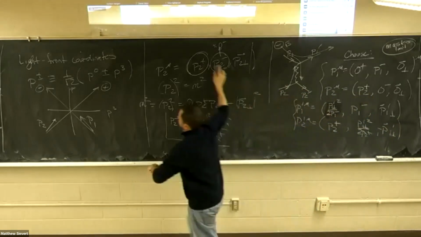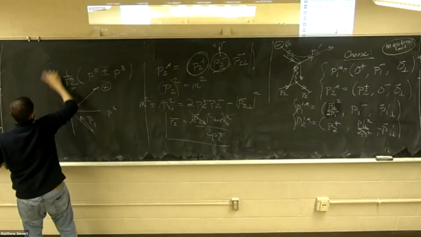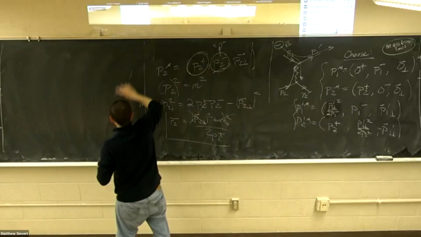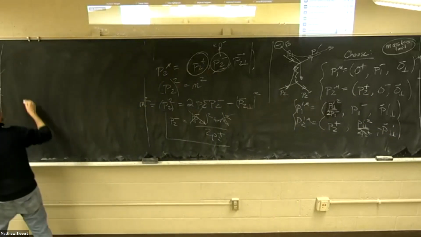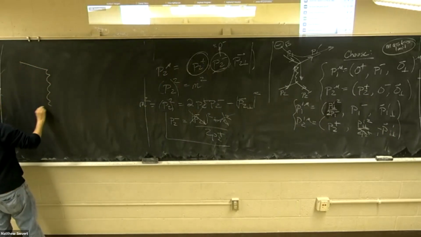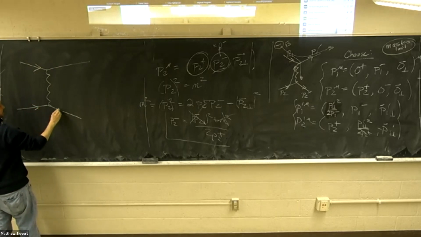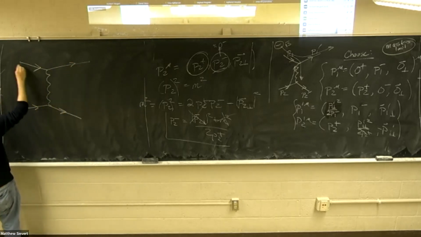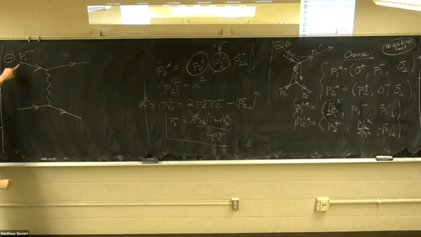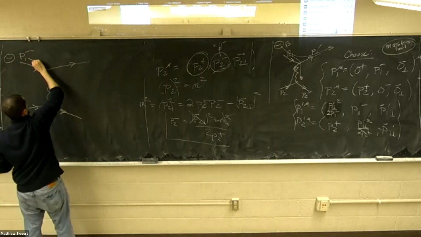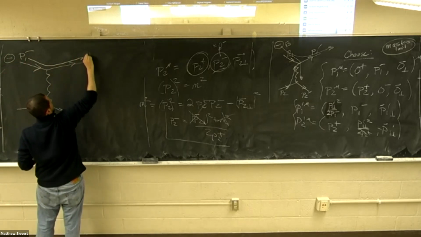Okay, so let me try and draw that scattering kinematics again. When I work with the light front coordinates, basically I can trace separately the flow of light front plus and minus momentum through the diagram. So in this setup, I have P1 minus that comes in from the upper line. And that P1 minus comes in and it goes right back.